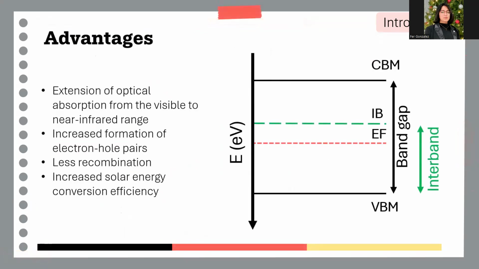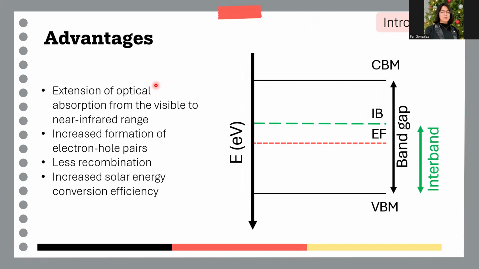The introduction of an intermediate band extends the optical absorption of the semiconductor from the visible region toward the near infrared, allowing the material to use a larger portion of the solar spectrum. As a result, more photons can be absorbed, leading to the generation of a greater number of electron-hole pairs.